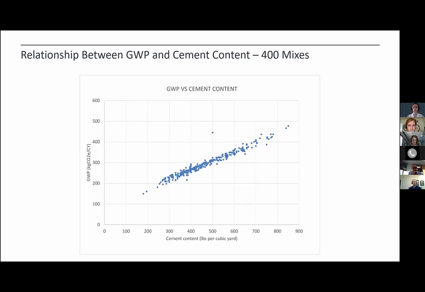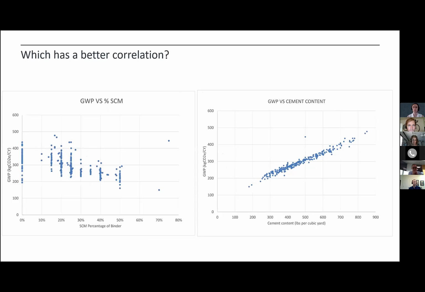But if we plot that against cement content, we get a much better line, one that has a pretty good correlation. So as you start to think about this, ideally we want the EPD number, but the cement content can be a proxy, much more accurate than the SCM percentage.